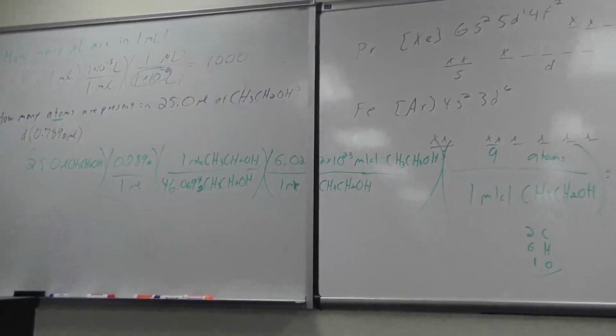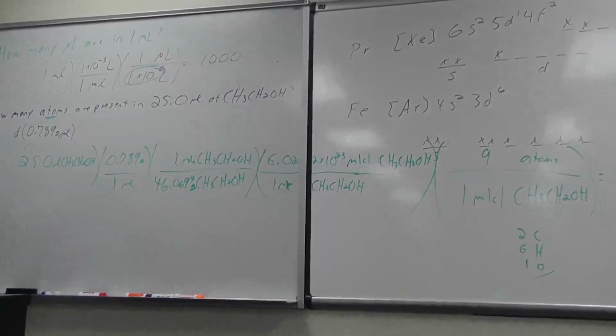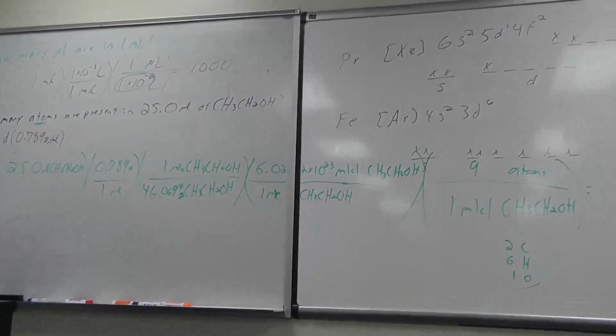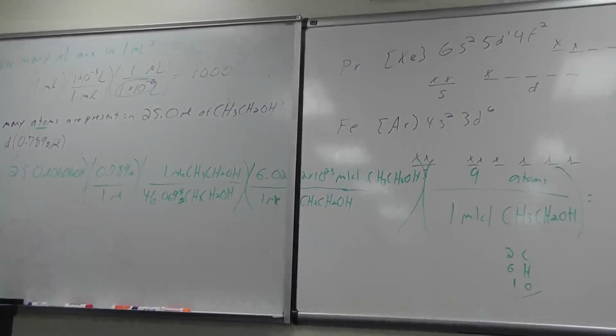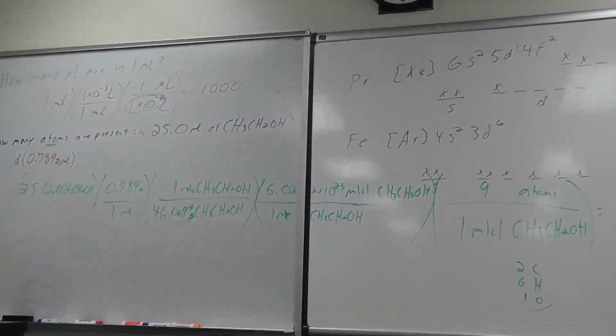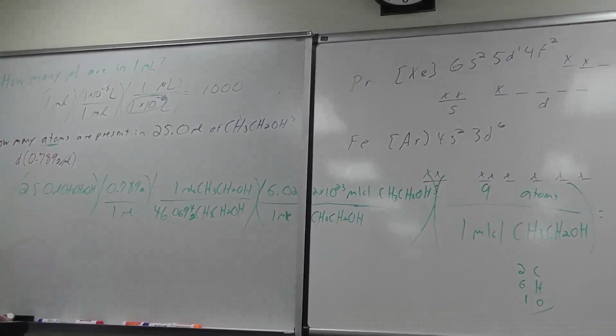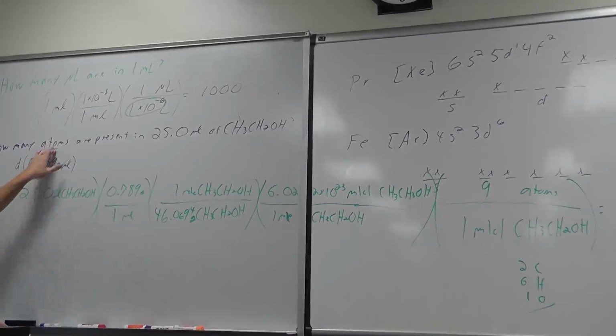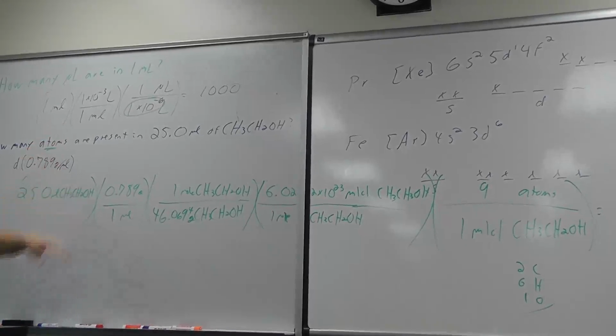Without that last step, your answer would really be molecules of ethanol, not individual atoms of the elements. So when you're reading the question, watch the wording carefully. If it had said molecules, we would have done everything the same, but we'd have left off that last step.